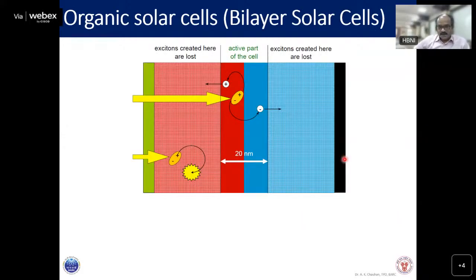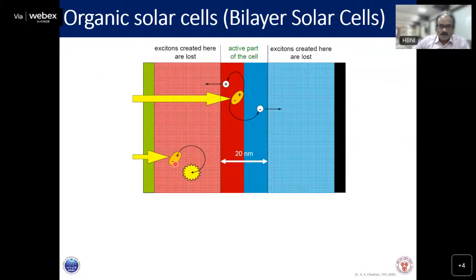If we see it in a broader picture, same thing. Here you have an acceptor layer. Here you have a donor layer. There is one electrode, there is another electrode, and suppose radiation is falling somewhere here.